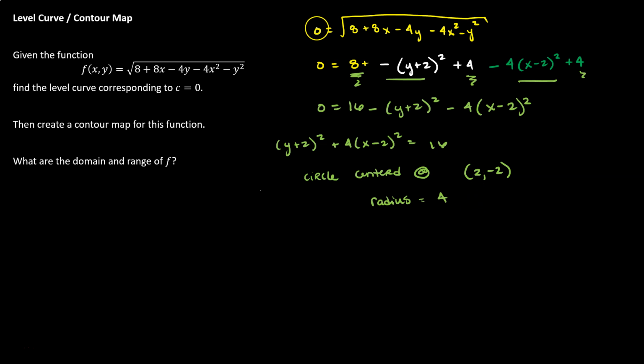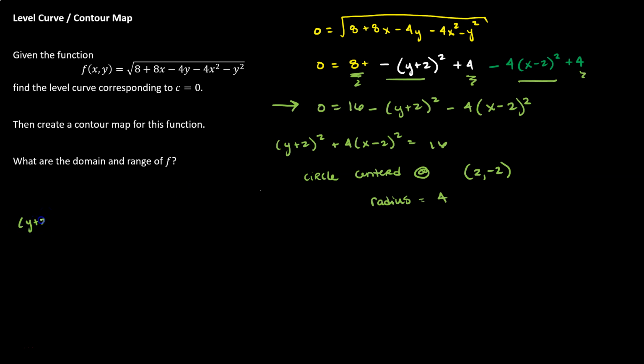Instead of putting 0 equal to our function, we could have put c equal to our function. So that would look like c equals, I'm going to pick up from right here because that's the factored version. I like that a lot better. That would be 16 minus y plus 2 squared. Actually, I'm going to move those binomials to the other side so that we have positive terms.